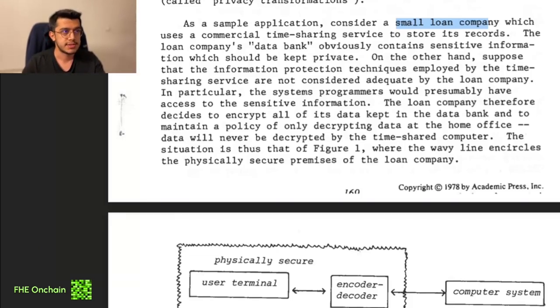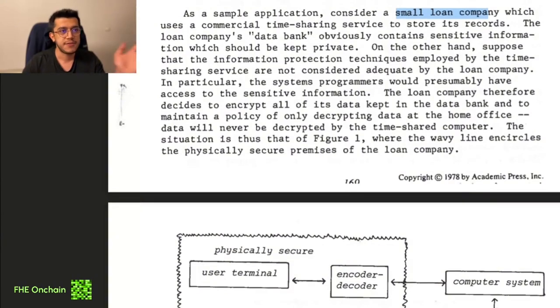On the other hand, let's suppose that the information protection techniques employed by the time-sharing service are not considered adequate by the loan company. Here we have to find a way of storing everything encrypted, but also not needing decryption in any middle steps.